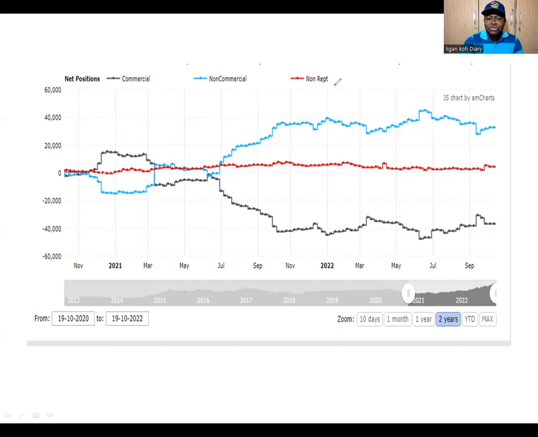The non-commercial traders don't enter their trades for short periods like we, the retail traders, do. Take note. These non-commercial traders, who are the banks or the market makers, hold their positions for a very long time.